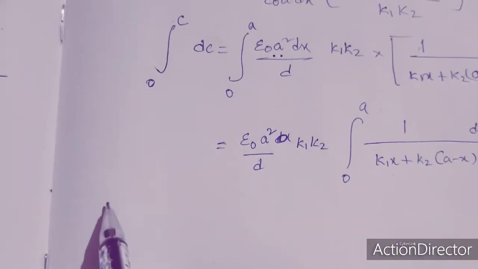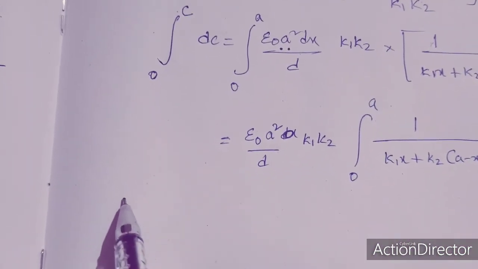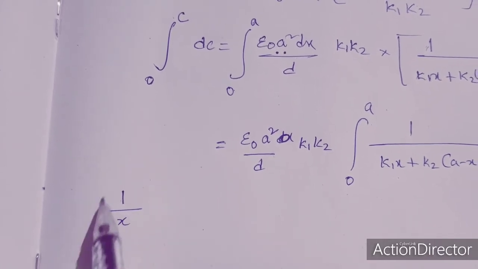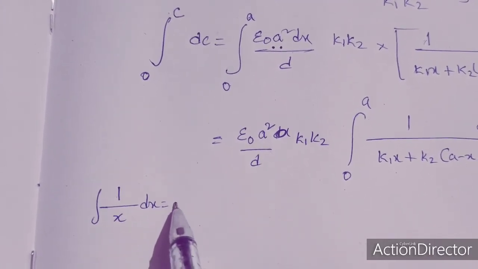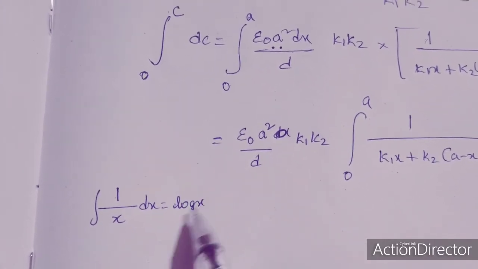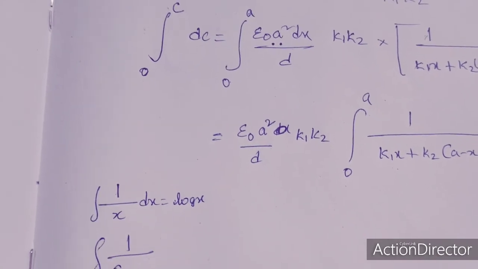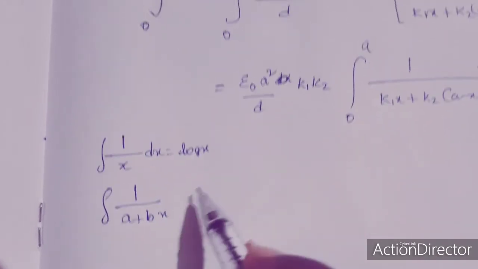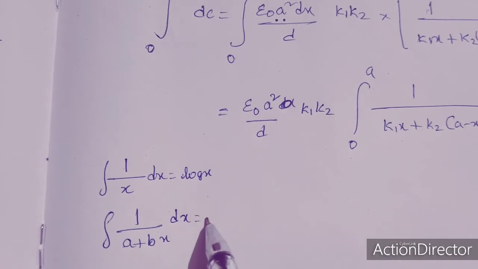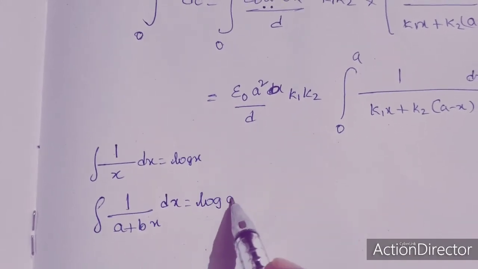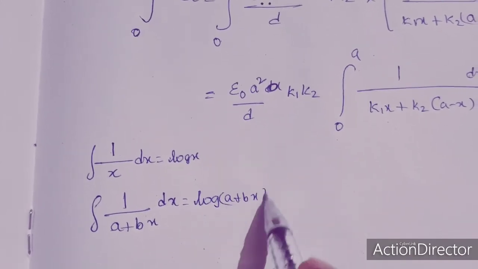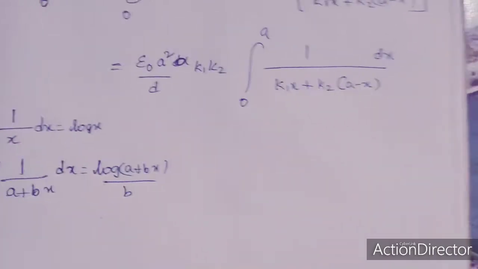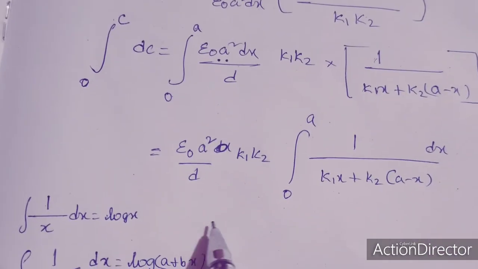But here we have to observe one small point. Integral 1 by x dx equals log x. Integral 1 by a plus bx dx equals log of a plus bx divided by b. So now we have to apply that formula.